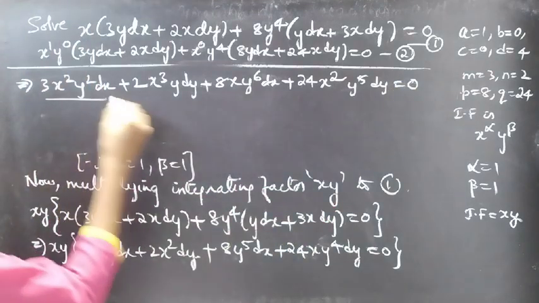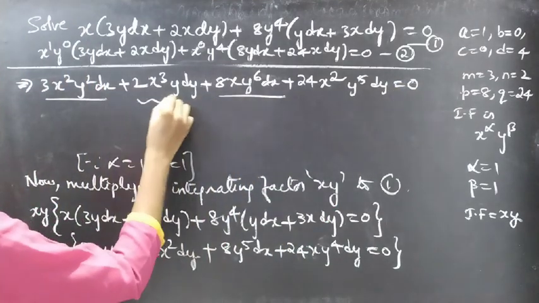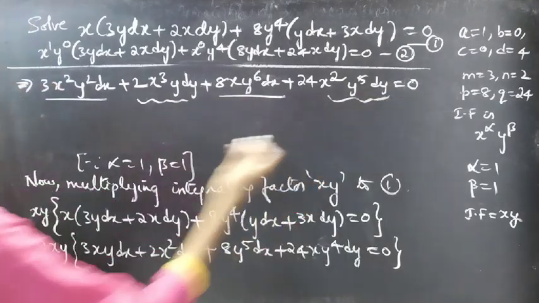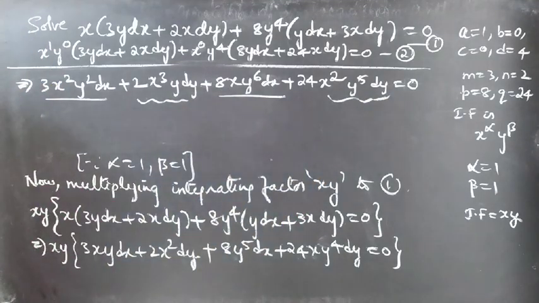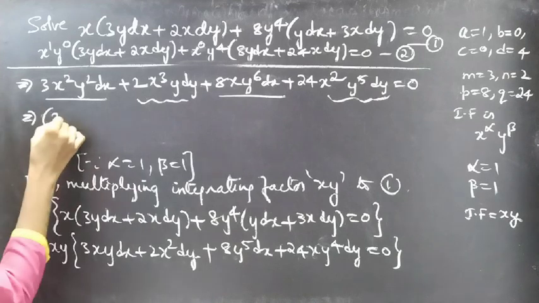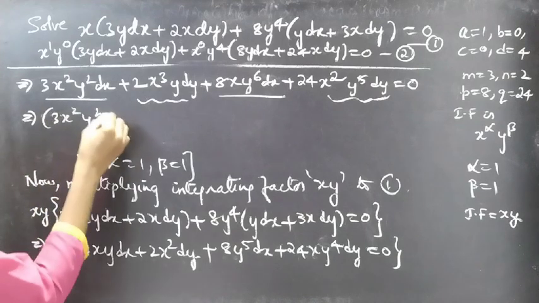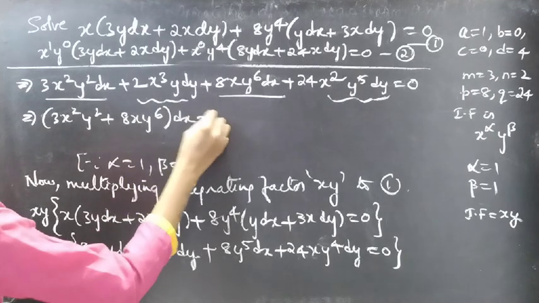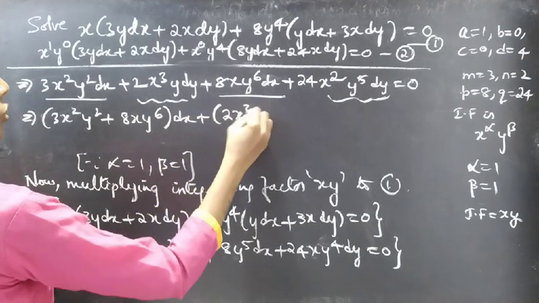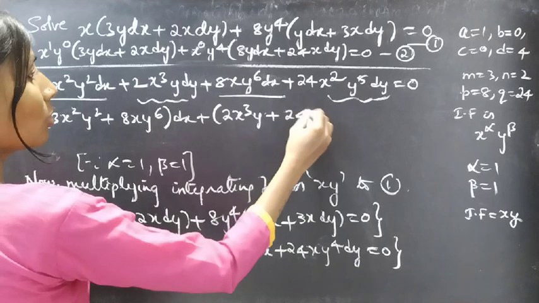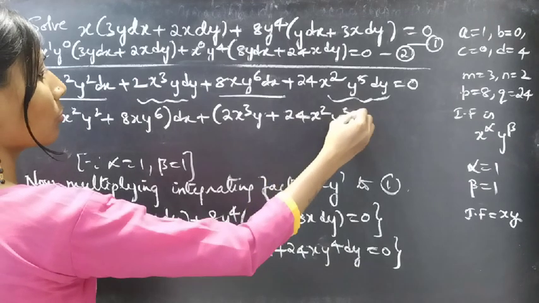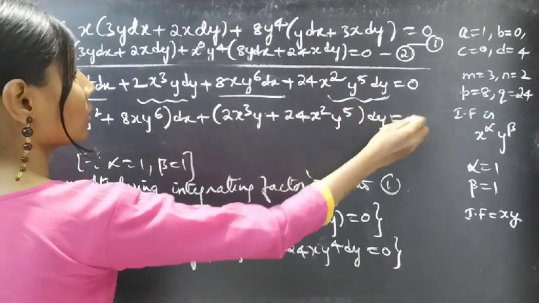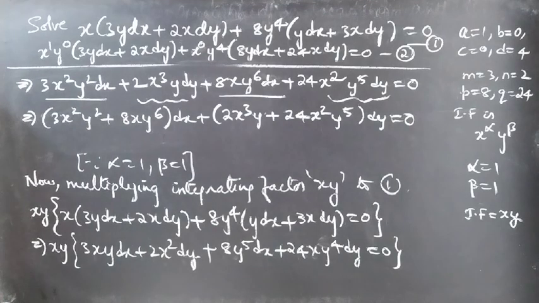Now take dx common from these two terms and dy common from these two. Then you'll get 3x square y square plus 8x y power 6 into dx plus 2x cube y plus 24x square y power 5 into dy equal to 0, right?